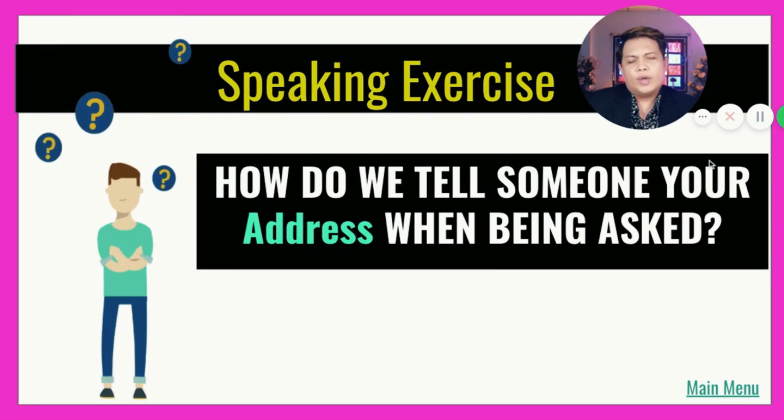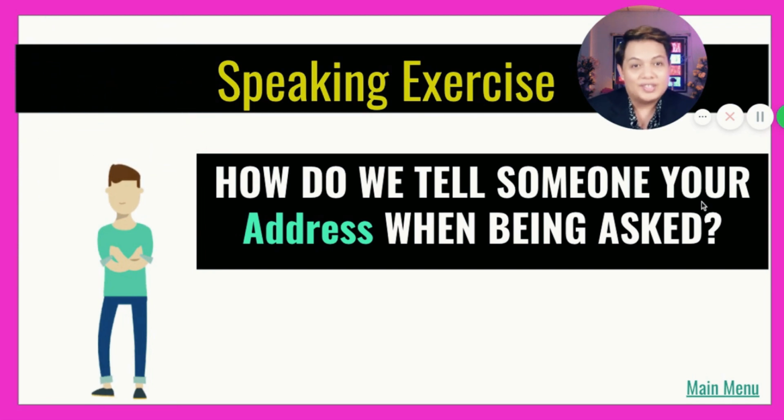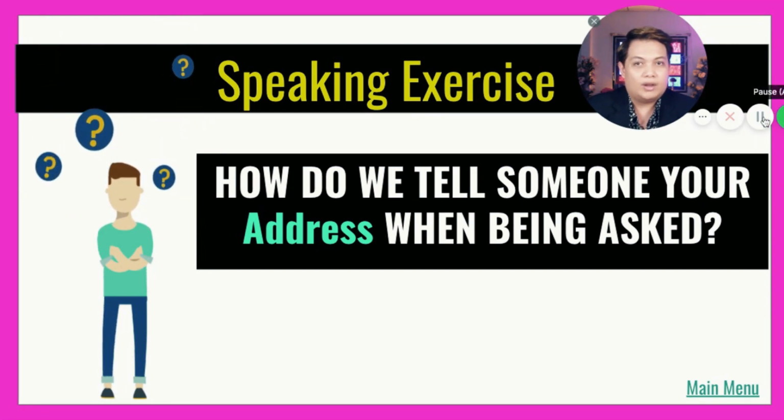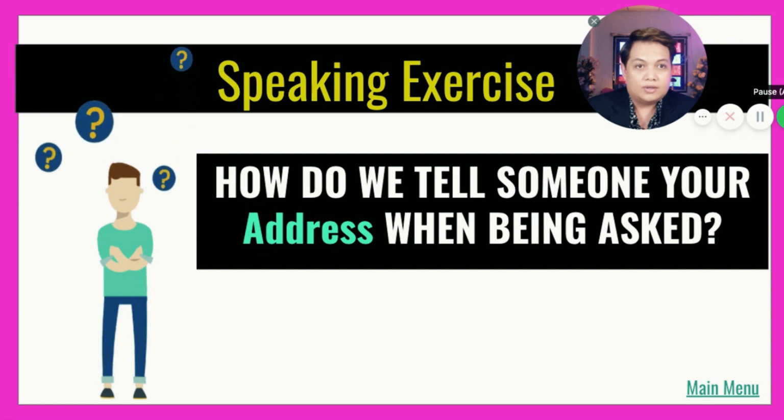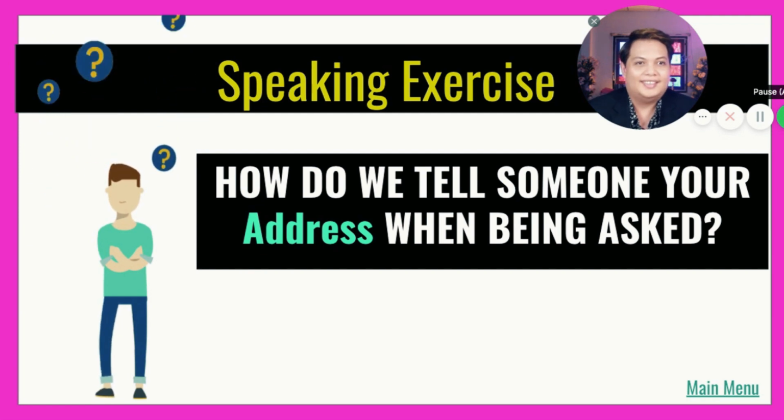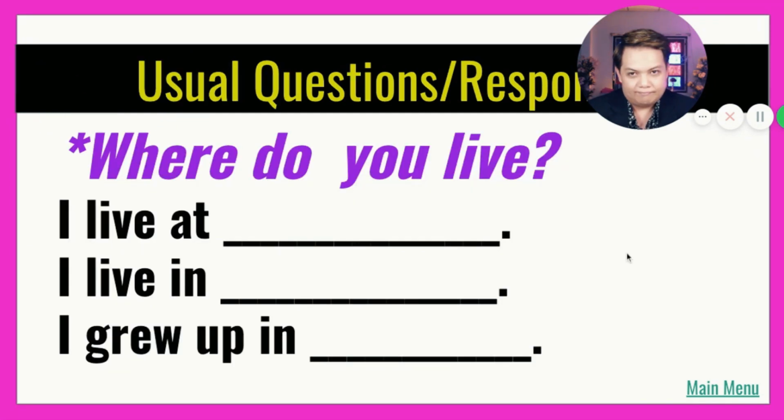Now let's move on. So how do we tell someone your address when being asked? Okay, so address, we need to say where your house is, the exact location of your house, or the city or the district you live at. So now, where do you live? Someone would ask you. Now you can say I live at.